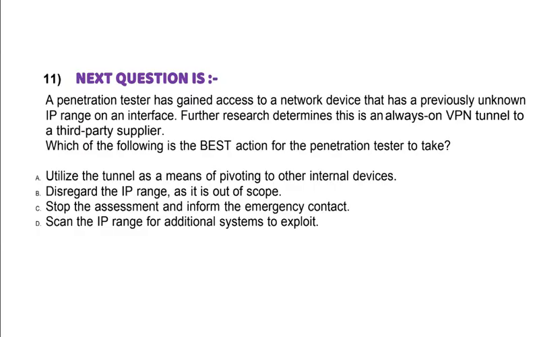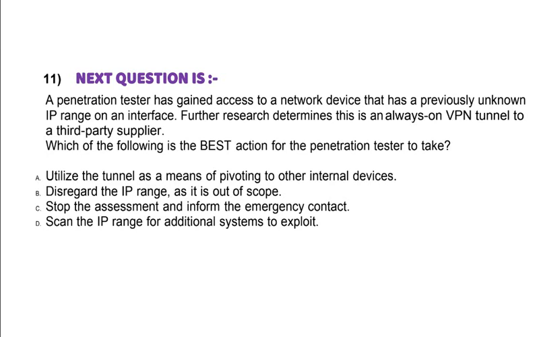Question is, a penetration tester has gained access to a network device that has a previously unknown IP range on an interface. Further research determines this is an always-on VPN tunnel to a third-party supplier. Which of the following is the best action for the penetration tester to take?